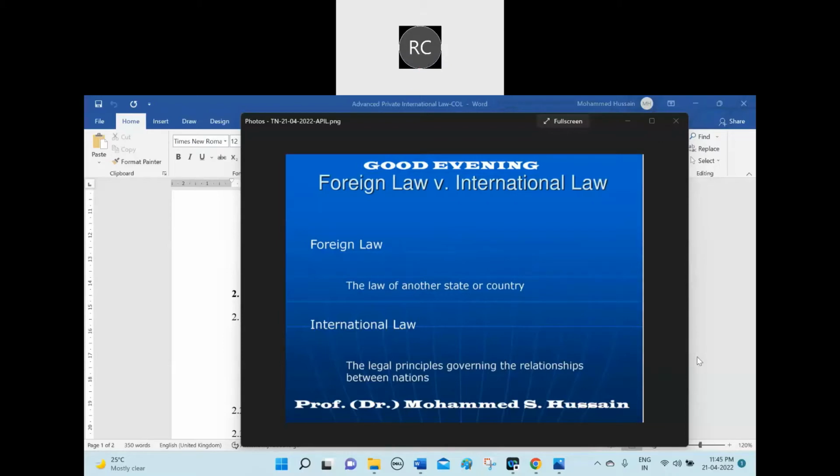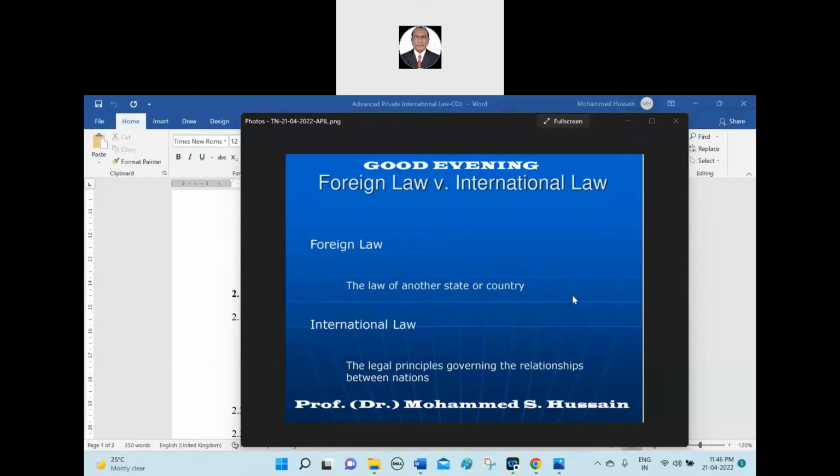Why don't you say Kenyan law, Ugandan law, Indian law, Botswana law? These are said to be foreign law. But we are studying private international law in Tanzania, and that is the law of the land. So foreign law is the law of another state or country. That is the meaning. Is it clear?